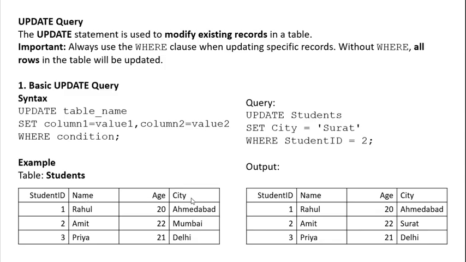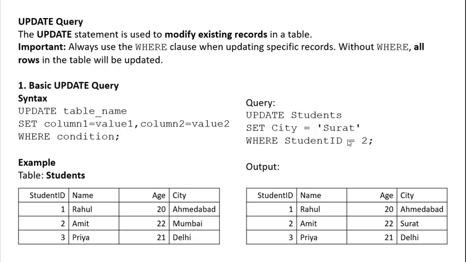The update query is written as UPDATE student SET city = 'Surat' WHERE student_id = 1; semicolon.